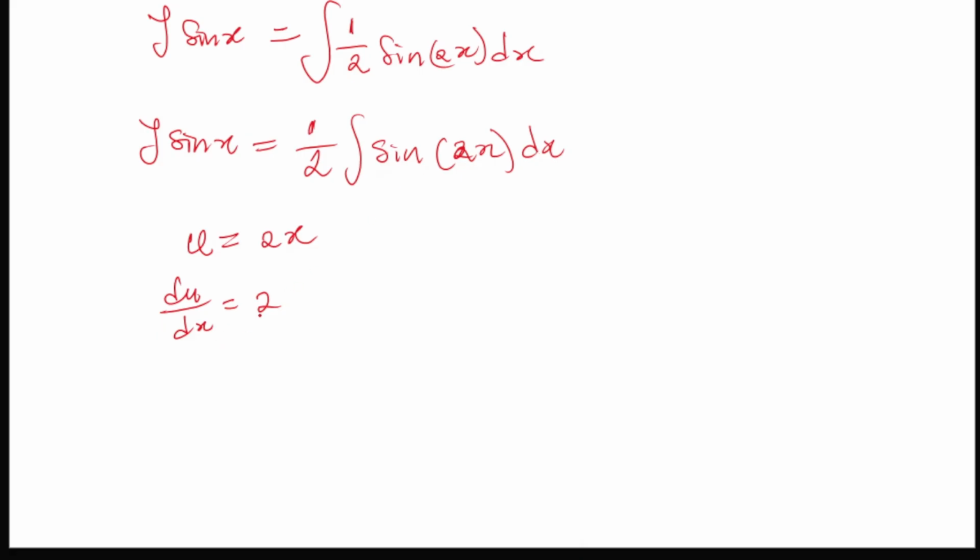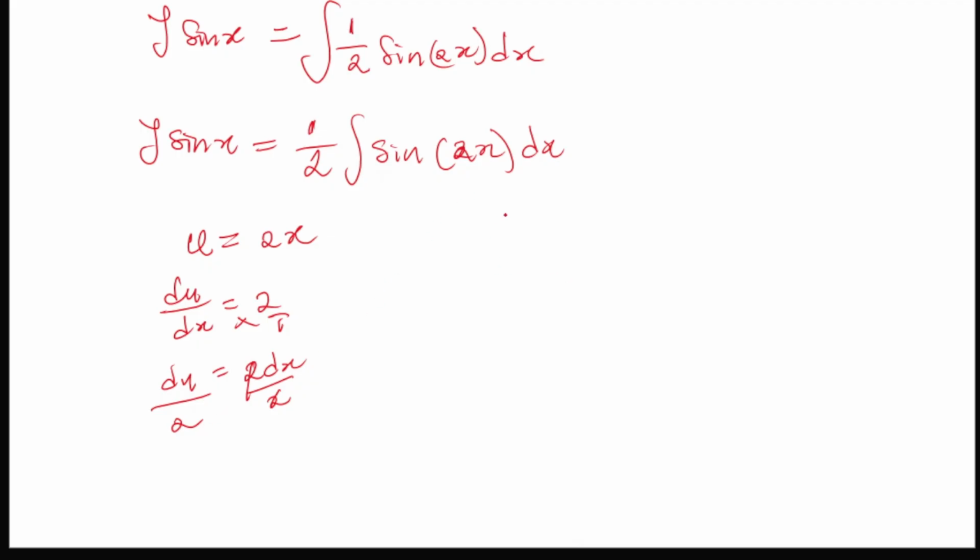Cross multiply, you have du equal to 2 dx. Now we want to make dx stand alone, so we divide this side by 2 and this side by 2, and we are left with dx to be du over 2, right? So we can input what we have here into this equation.